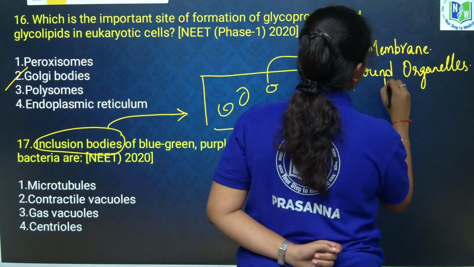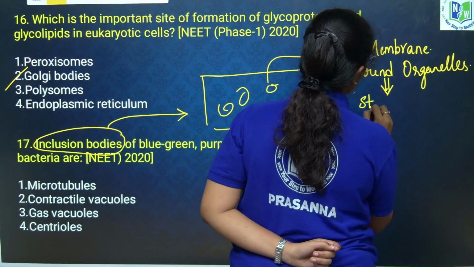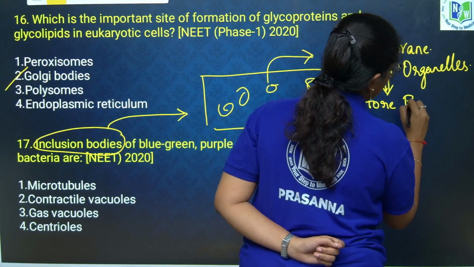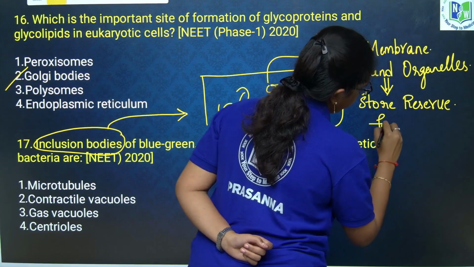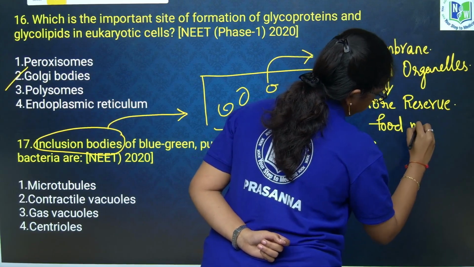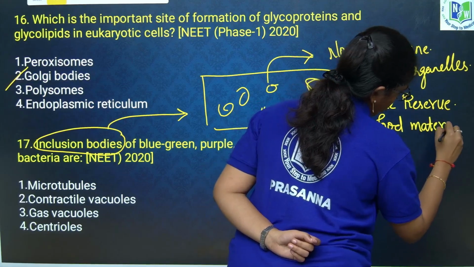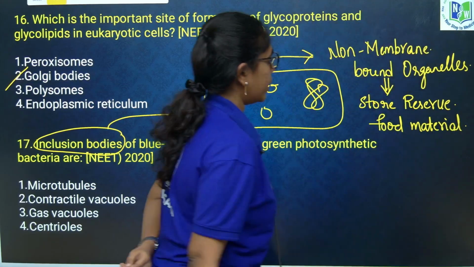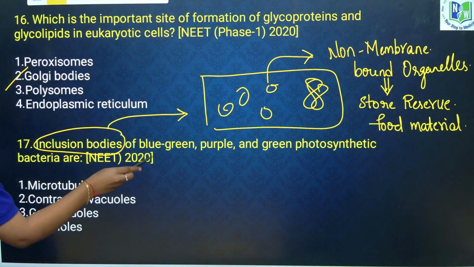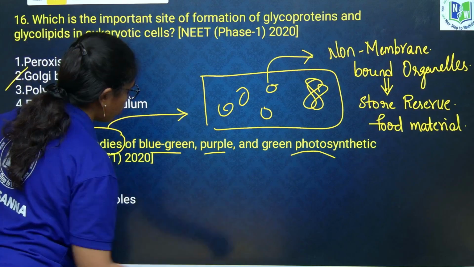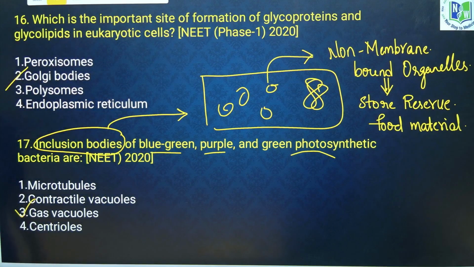These organelles, what is their function? They store reserve food material. Okay, so here what will be our answer? Inclusion bodies in blue-green, purple and green photosynthetic bacteria are nothing but gas vacuoles. This is of course a statement from NCERT only.